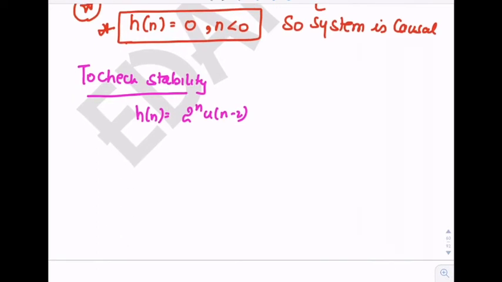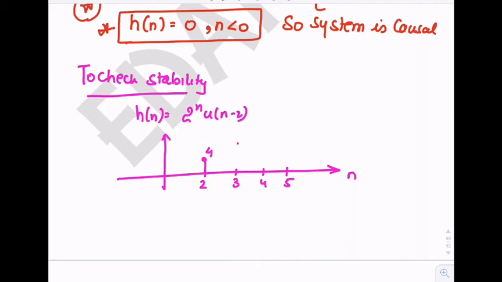If we plot h[n], we can see that it will start from 2. So it will be 2^2, that is 4, 2^3, that is 8, 2^4, that is 16, 2^5, that is 32, and so on.